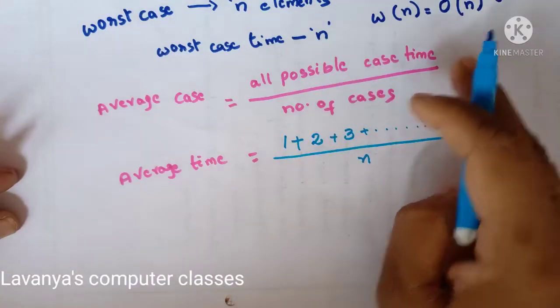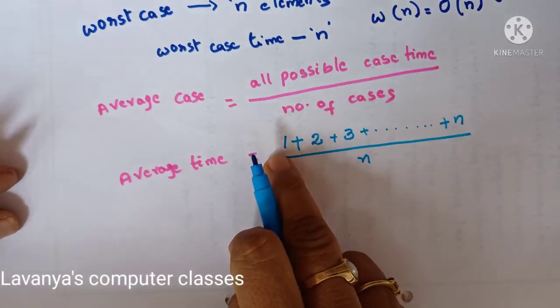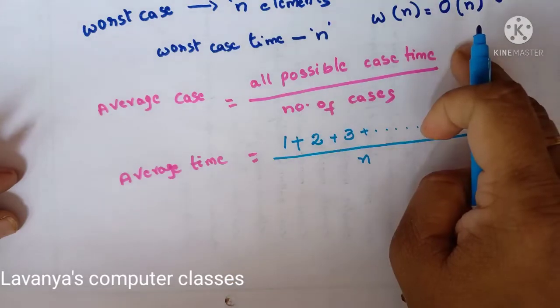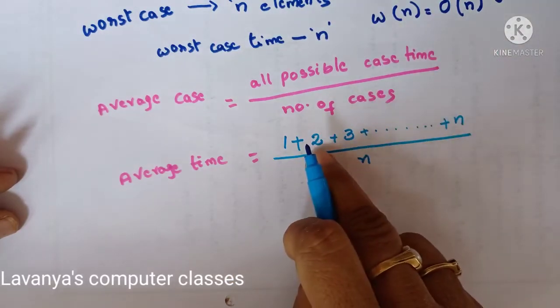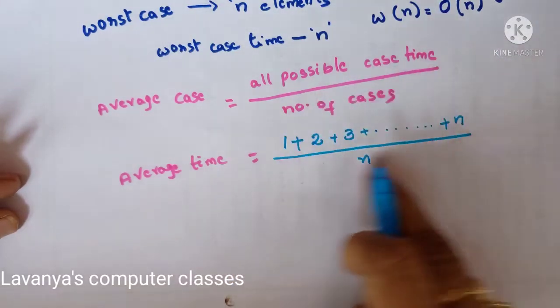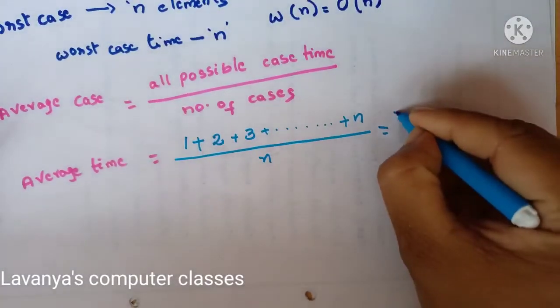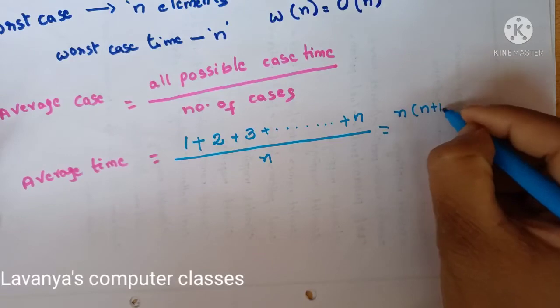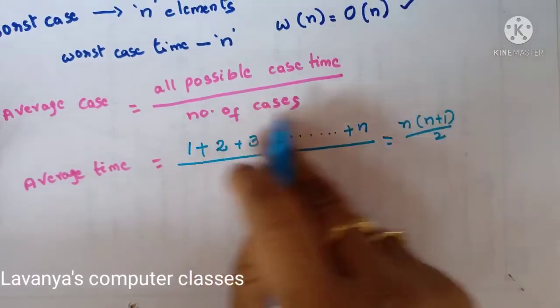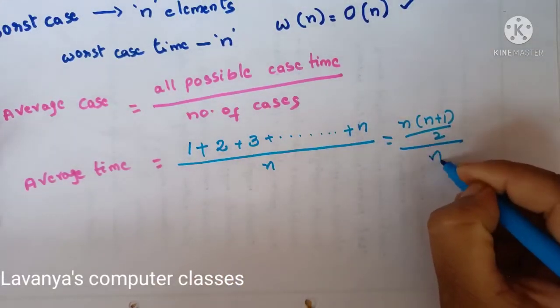All possible case times: if the element is available in the first place, 1 iteration is required. If the search key element is in the second place, 2 iterations are required. Like this, all possible case times. So what is the formula? This sum is n into n plus 1 by 2 iterations, divided by n.